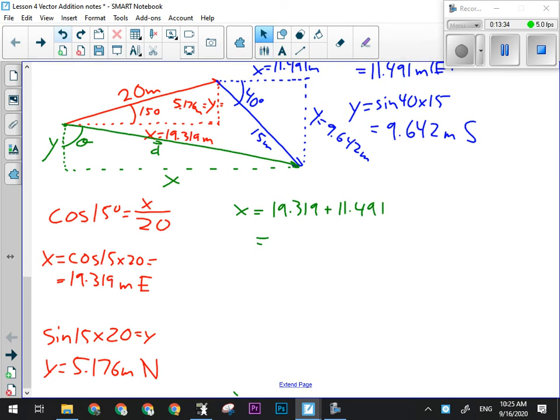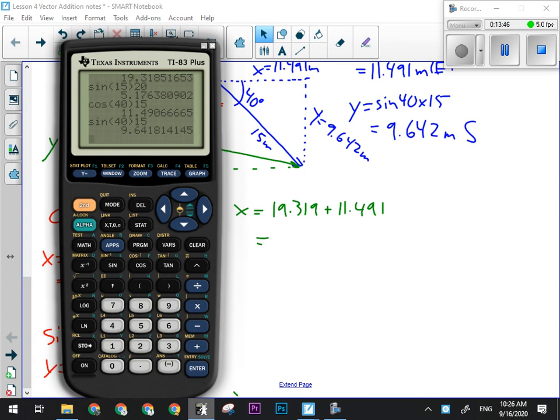This is where significant digits becomes a big deal. Never round off until the end. So even though it looks on the board like I've rounded off, I haven't. I'm going to use the full numbers from my calculator. So I need that one, 19.31851653, plus my 11.4906666.